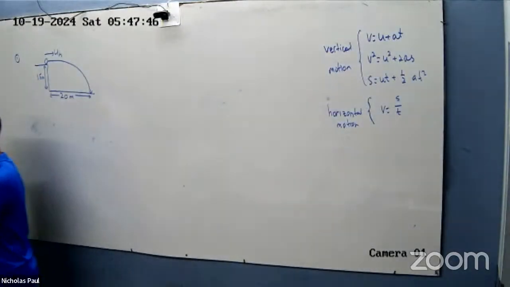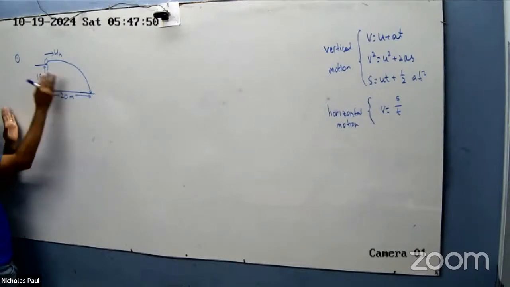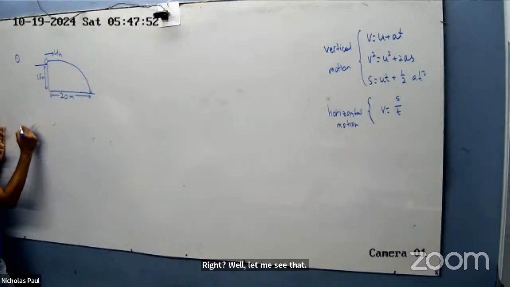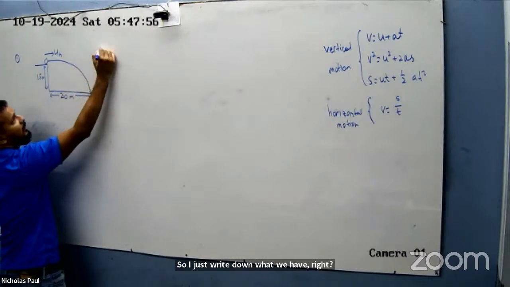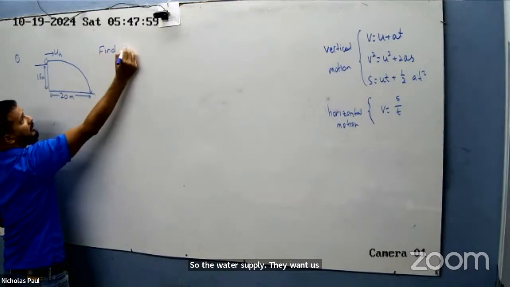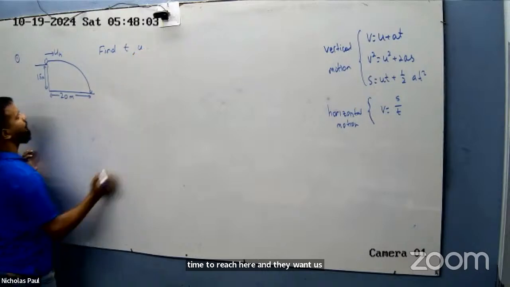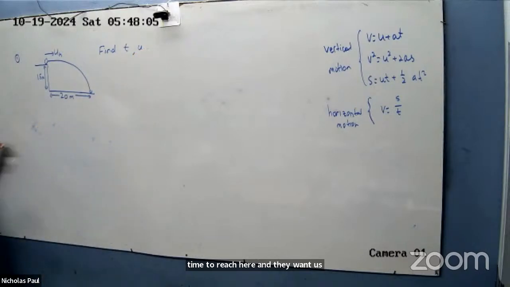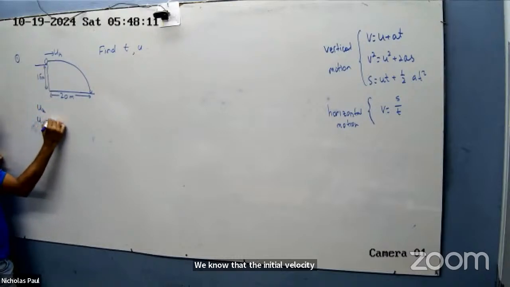Let me see now. I'm just writing down what we have. They want us to find the time to reach here, and they want us to find the initial velocity. What do we have? We know that the initial velocity is horizontal, so the initial vertical is 0.